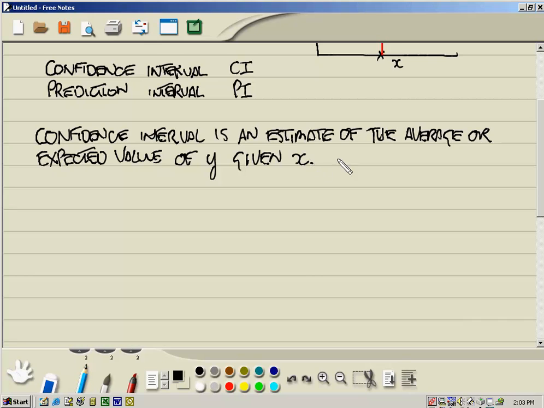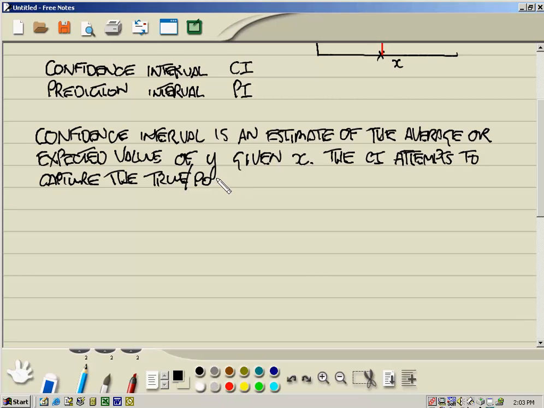Another way of saying this is that the confidence interval attempts to capture the true line, the true or population line.